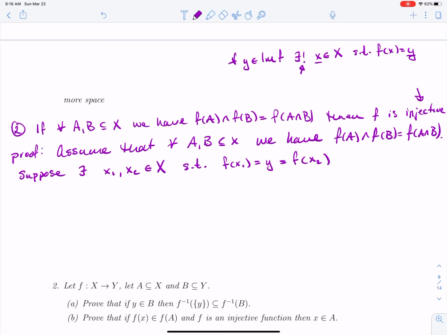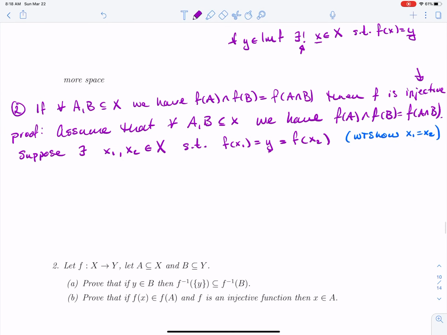So suppose there's a y that has an x1 and an x2 that maps to it. What we want to do is show, let's make that remark in blue, we want to show x1 equals x2. That will show injectivity. So let's start doing that. So we've got f of x1 is equal to y is equal to f of x2.